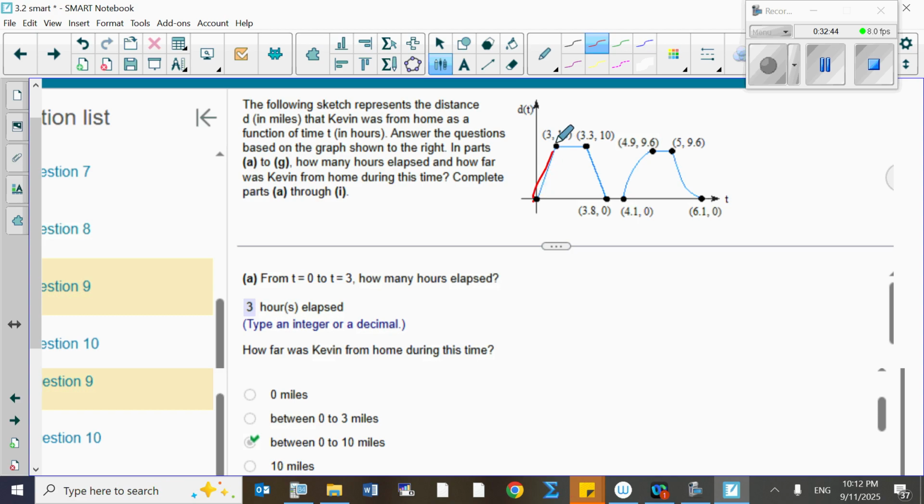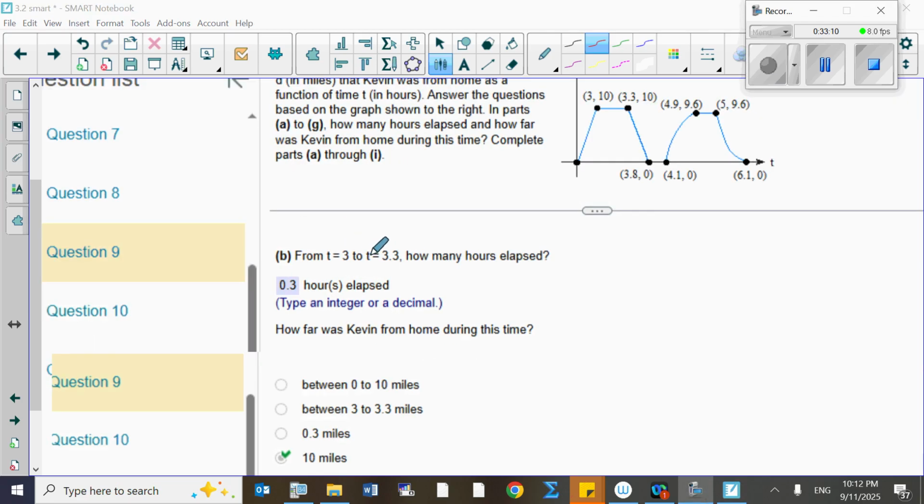During this time, 3 hours elapsed. And then how far was Kevin from home during this time? From 0 to 10 miles. So the x is 0, y is also 0 here, and here x is 3, y is 10. So the y value is the distance, and it's from 0 to 10.